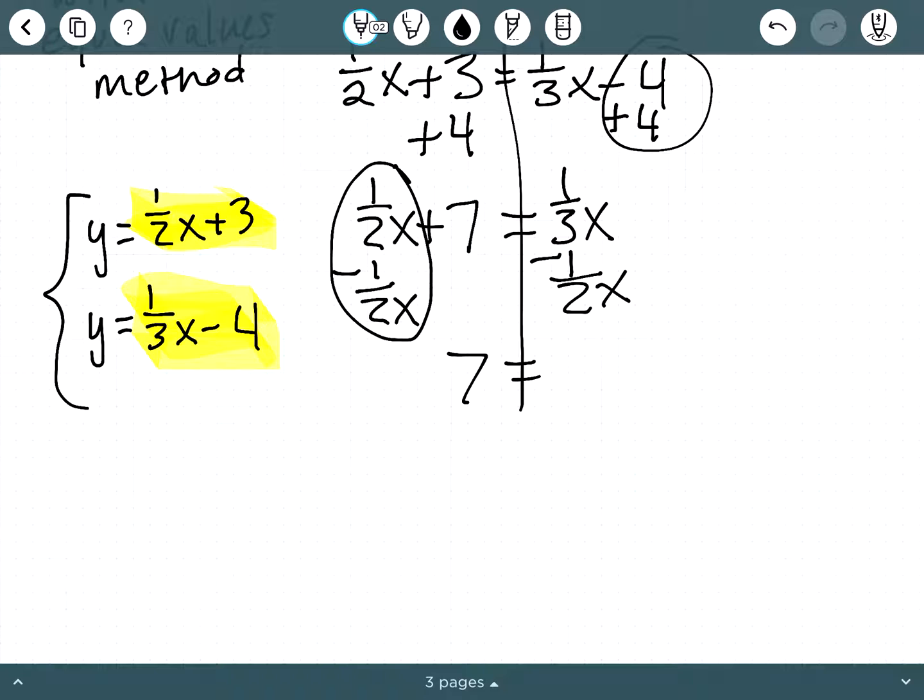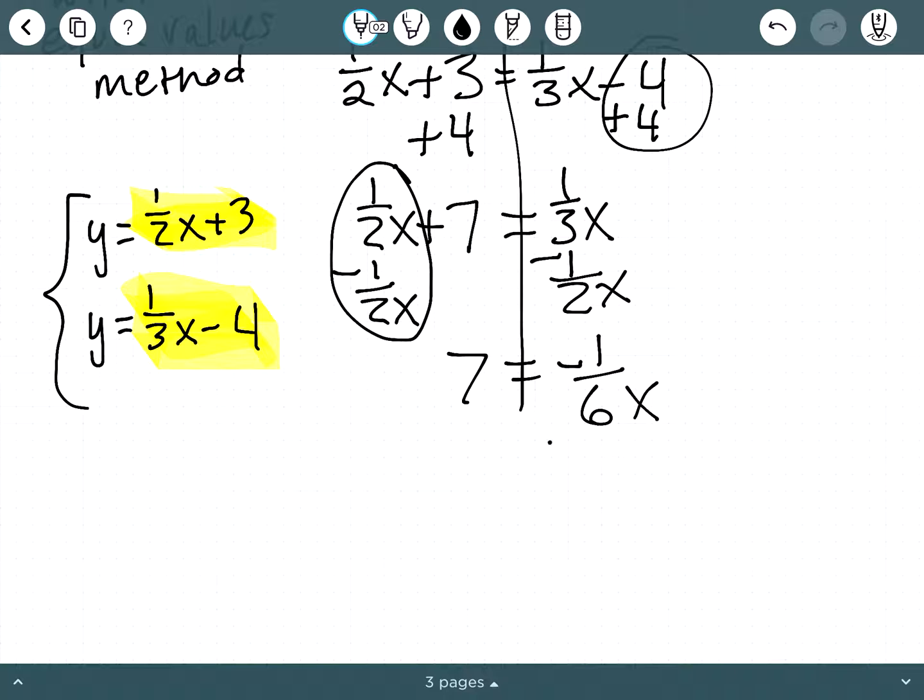So you would have to do 1/3. You can't put x into the calculator. So again, you want to do 1/3 minus 1/2, and you should get negative 1/6 x. So we're left with 7 equals negative 1/6 x.